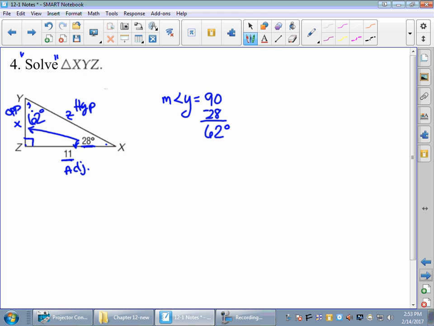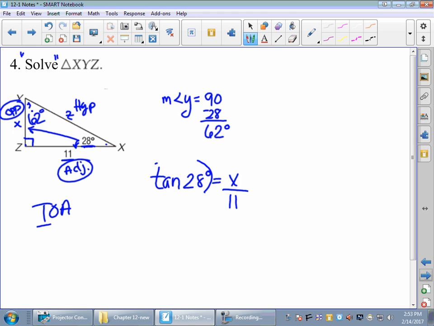I actually can't use sine here because if I use sine, I'll have an x over a z, and that doesn't help us. So I'm going to use the trig value that takes the opposite and the adjacent values, so I can have the x and the 11. TOA, or tangent, is the trig value that I need. So tangent 28 degrees is equal to the opposite x over adjacent 11.